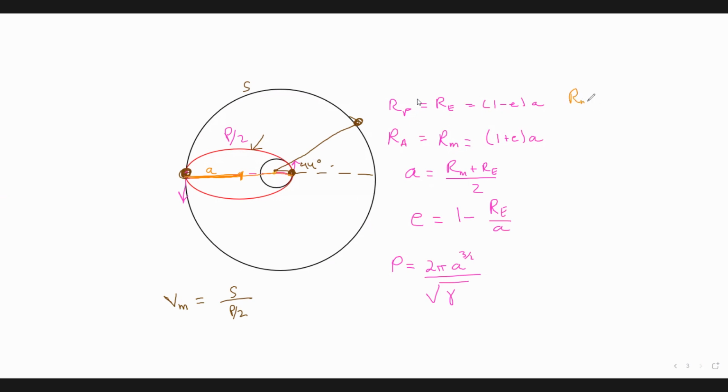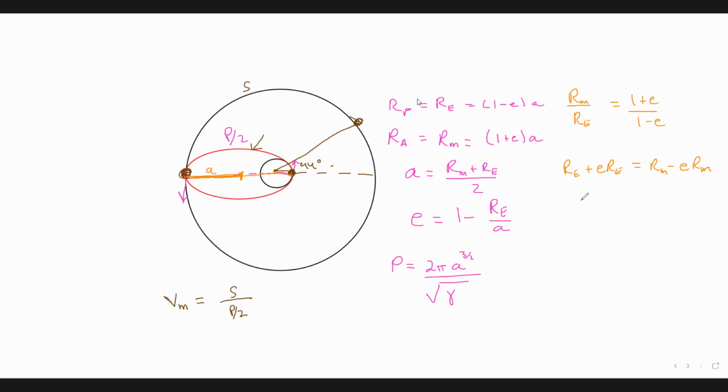So Rm over Re is equal to 1 plus E over 1 minus E. Is that right? Because the A's cancel. So that means R Earth plus E R Earth must equal Rm minus E Rm.